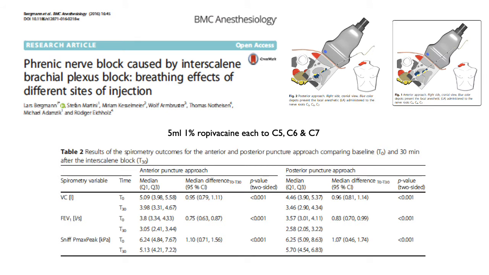People also looked into whether injecting the local anesthetic anterior to the interscalene groove or posterior to the interscalene groove makes any difference between these two approaches. The volume they injected was 5 ml of high concentration 1% ropivacaine to each of C5, C6, and C7.